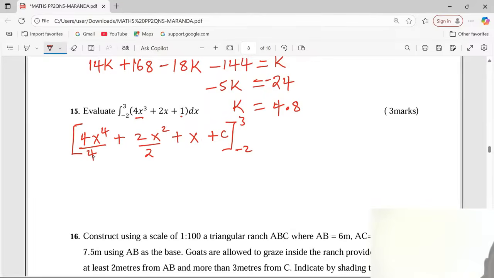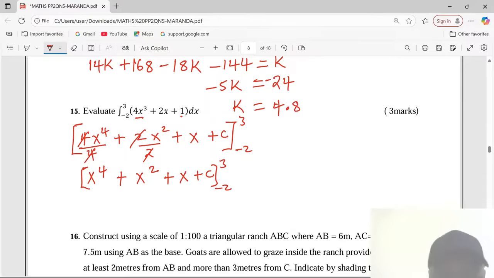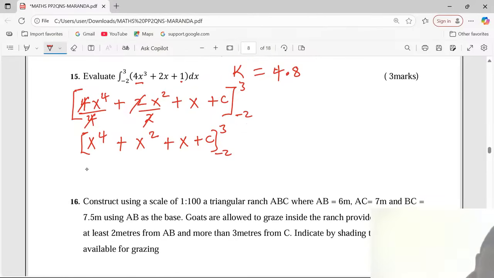So now we can talk about 4 cancelling here to have x power 4, plus 2 also cancels here, x squared plus x plus c, from -2 to 3. So we substitute now, and we start with +3.